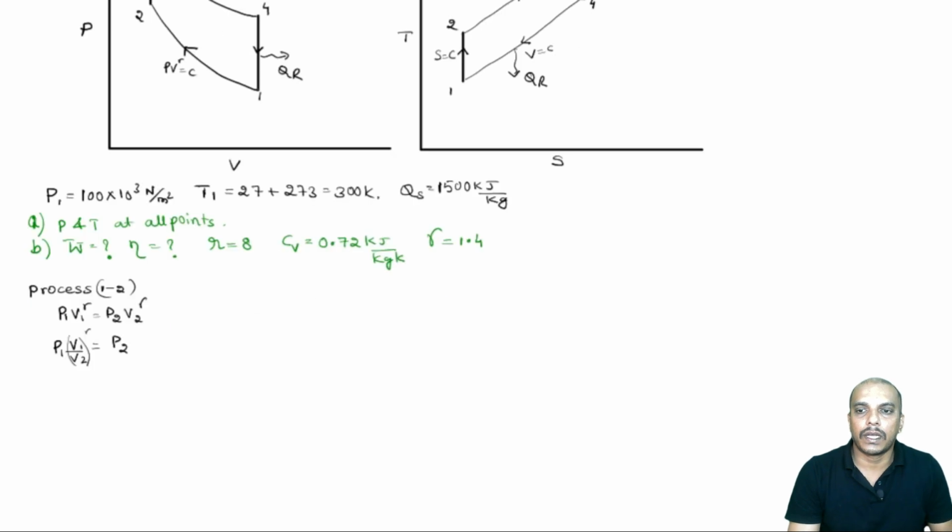So, we can write P2 is equal to P1 times V1 by V2, which is r, so r power gamma. P1 is 100 into 10 power 3 and the compression ratio is 8, 8 power gamma, where gamma is 1.4. So, we can find out the value of P2.